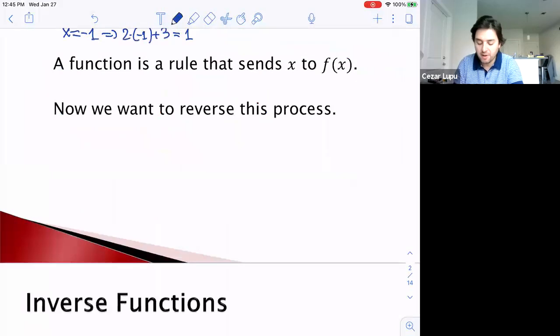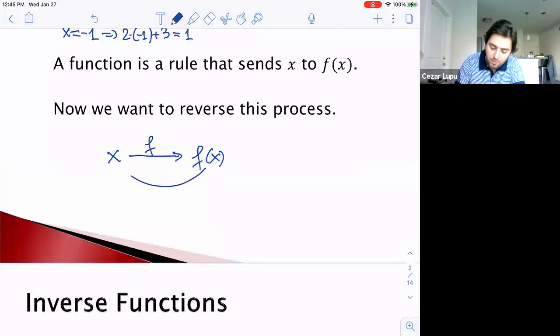So let me draw the picture here. x is sent to f of x through f. Then I would like to reverse this process somehow. So how should I send the value f of x back to x?